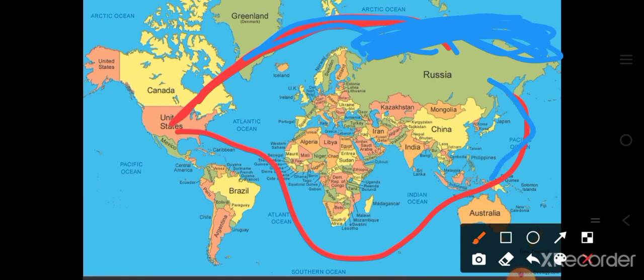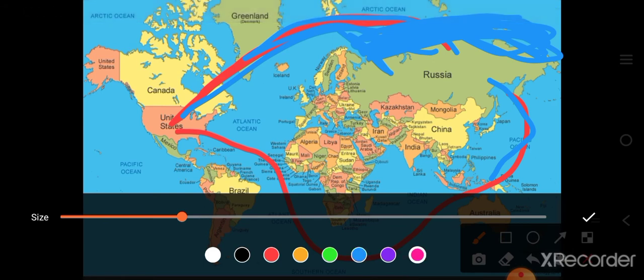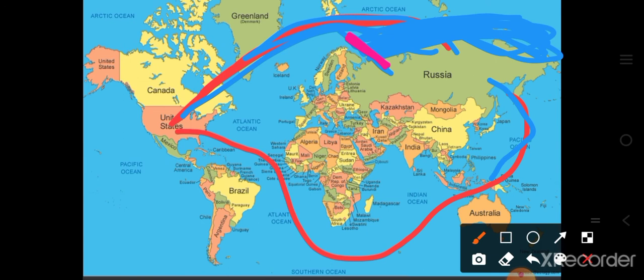Now the United States was already here to fight with Russia. It could enter Russia from this path, but wasn't able to do that, so Russia went from the other route. When Russia was coming, the United States thought that we should cover Russia from both sides.